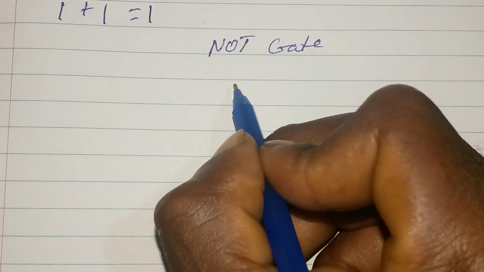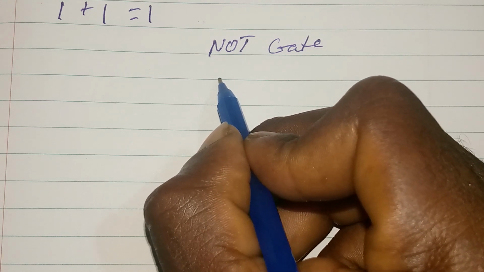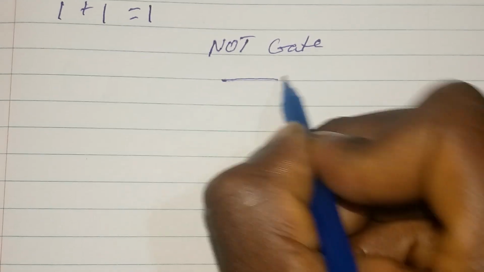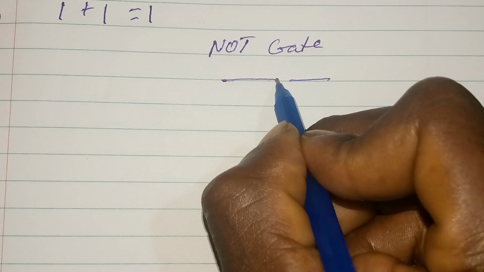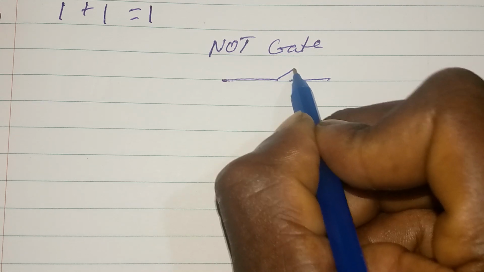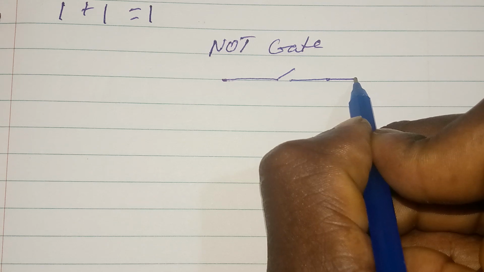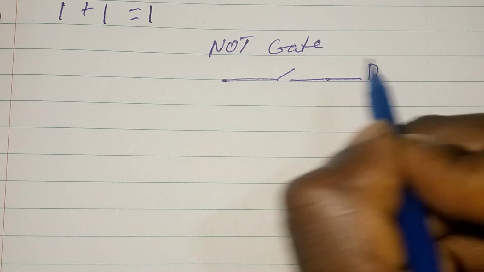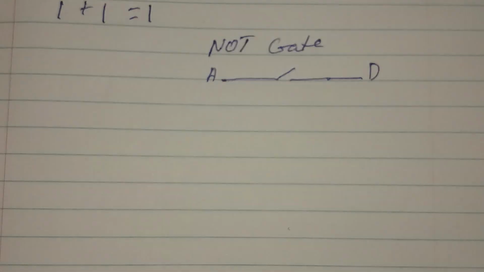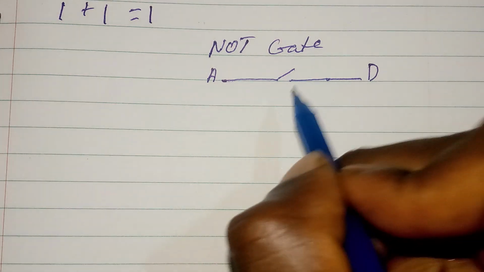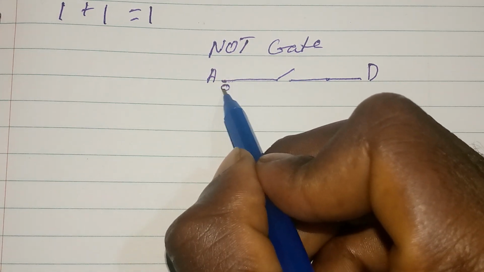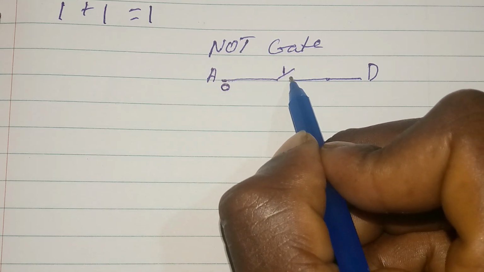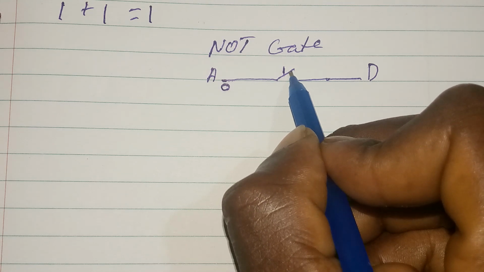For instance, if you have a circuit like this, let's say this is the output and this is the input A. So when here is definitely 0, this switch is already closed.